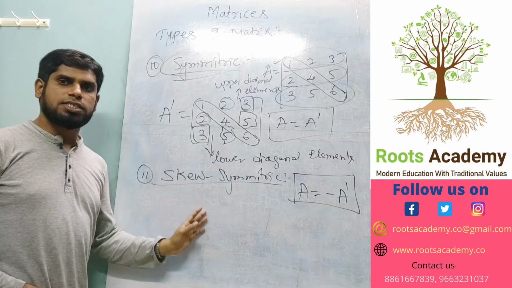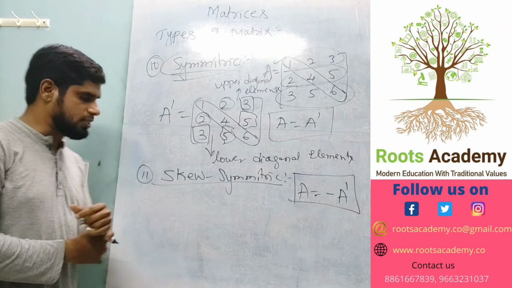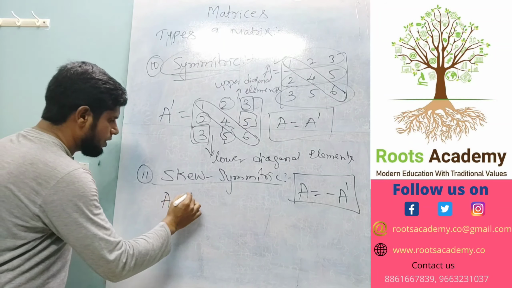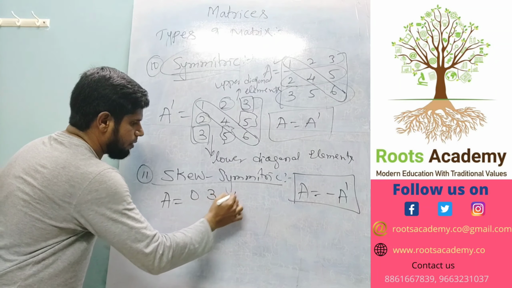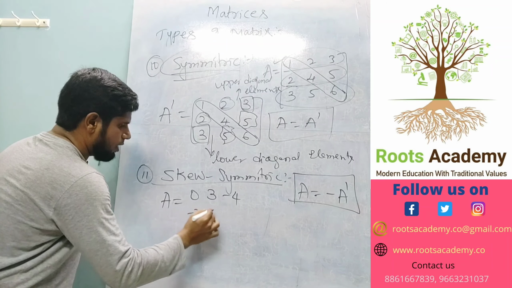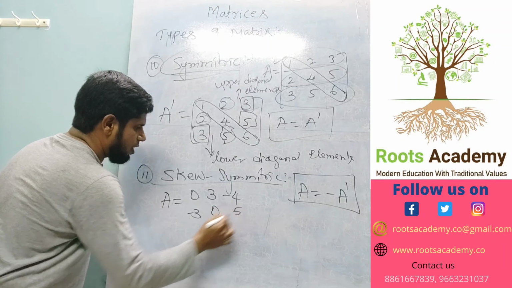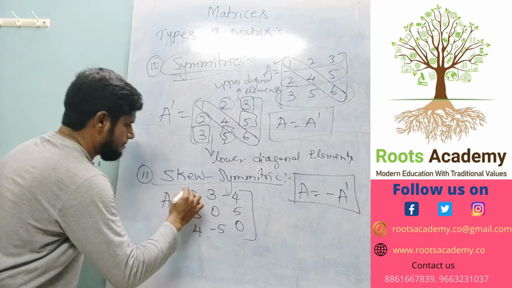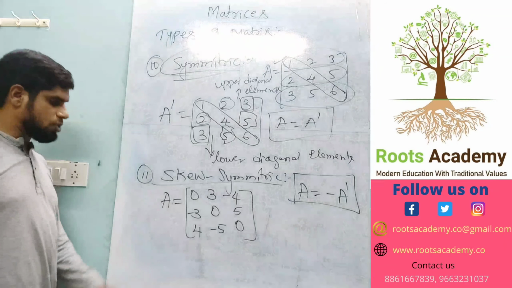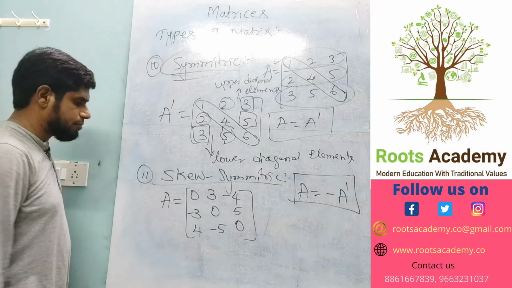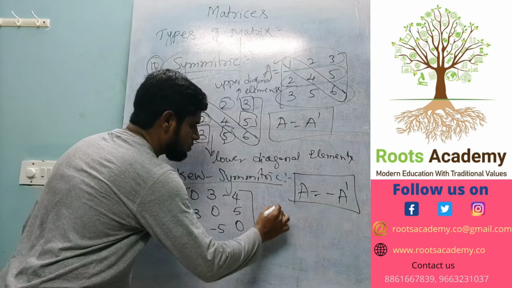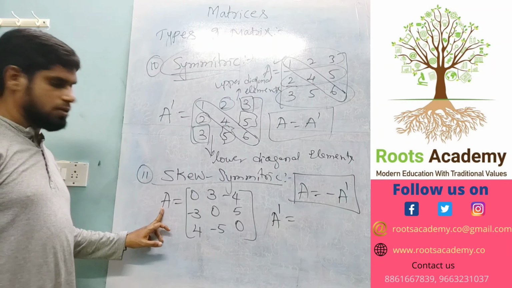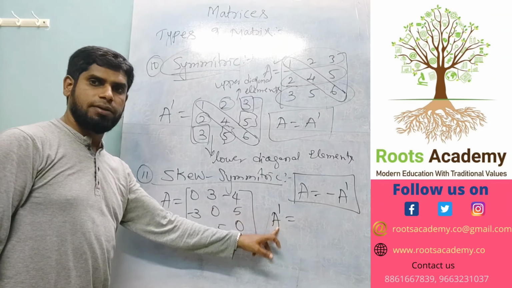Then let us check, is any matrix like this? Suppose A is the matrix 0, 3, minus 4, minus 3, 0, 5, 4, minus 5, 0. Okay, student, this is a 3 cross 3 matrix. Then its transpose is A dash, because A is the matrix. If I take B, then definitely I should write B dash.